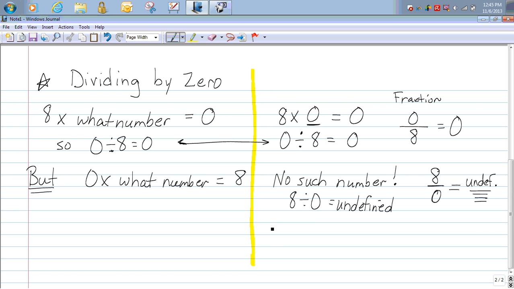To think about it another way, you cannot have 8 items put into 0 groups. It's not possible. So therefore, it is considered undefined. Okay?